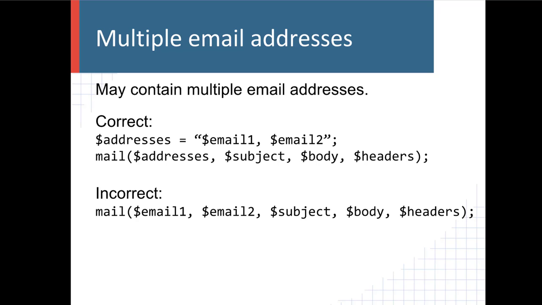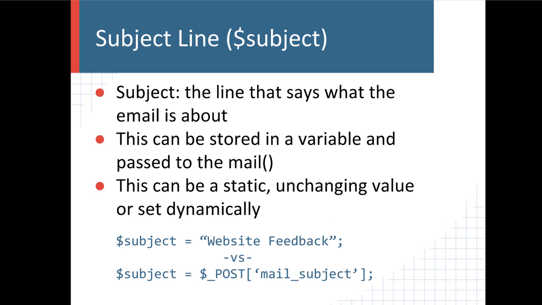Actually, it's going to give you an error because there are too many arguments. It's expecting 4 and you're passing it 5. The subject line is basically what the email is about. This could be stored in a variable and passed to the mail function, or it could be static, an unchanging value, or set dynamically, as you can see below.